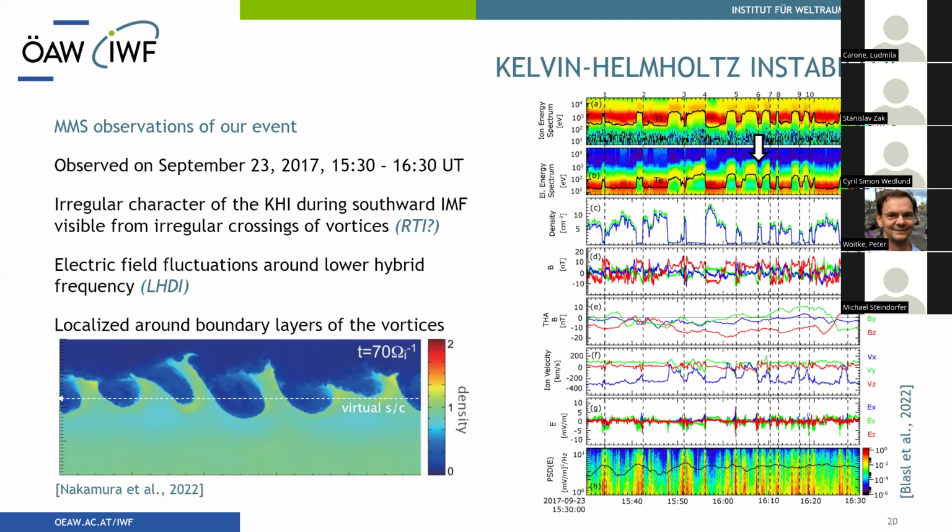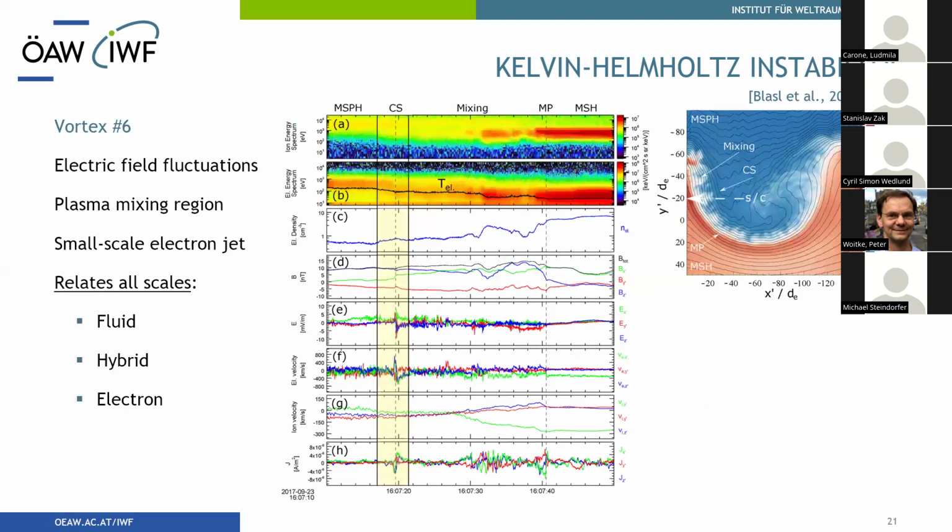But is there a plan to extend it to more crossings, more days? The problem is it's very tough to find these events in data. And you would need MMS currently to do this because so far we only see electron scale reconnection. So the upcoming project is to see why we don't see ion scale reconnection, if it's coupled to the scale of the LHDI itself, or if there's another mechanism that only allows for electron scale reconnection.